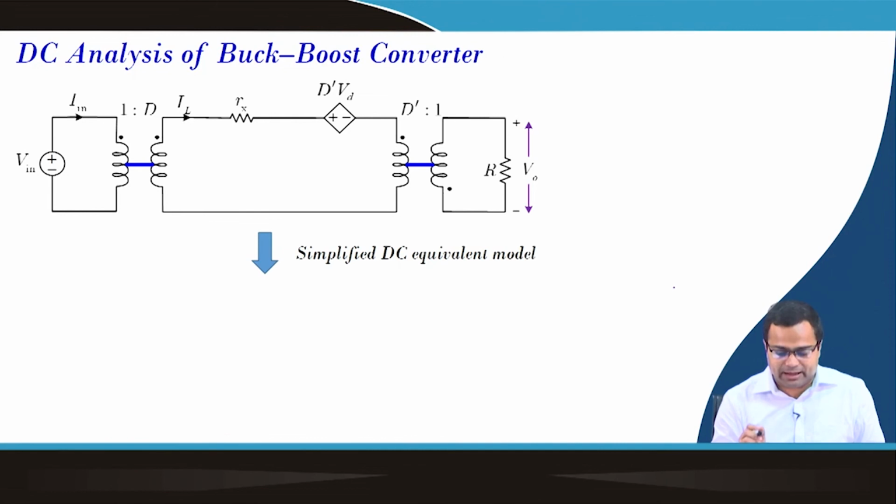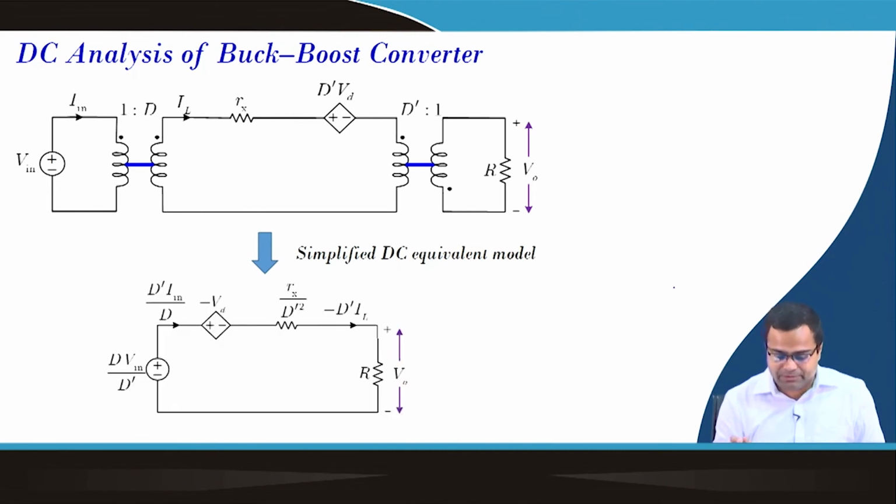If we find the simplified circuit, you can map back all these states to this side, and you see there is a reverse dot convention which takes into account the polarity. That means, if you go from right to left, the polarity has to be reversed along with the step-down ratio.